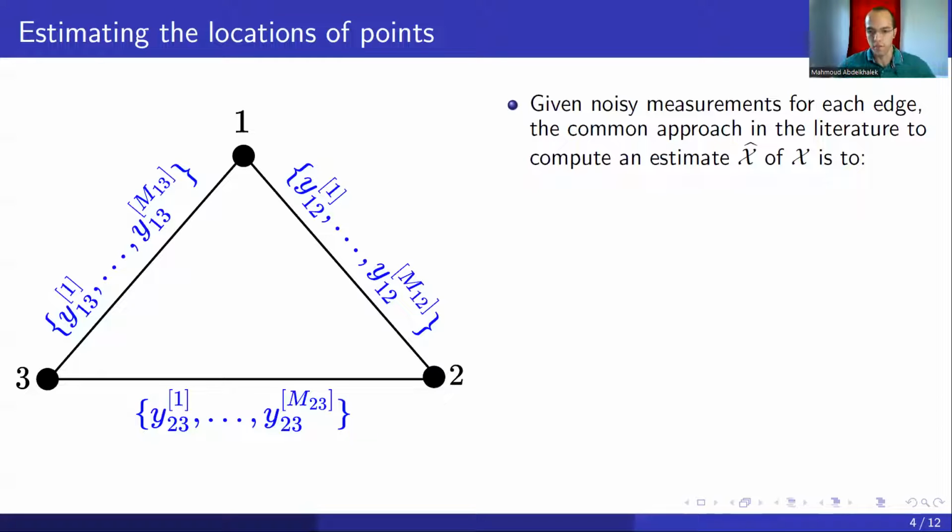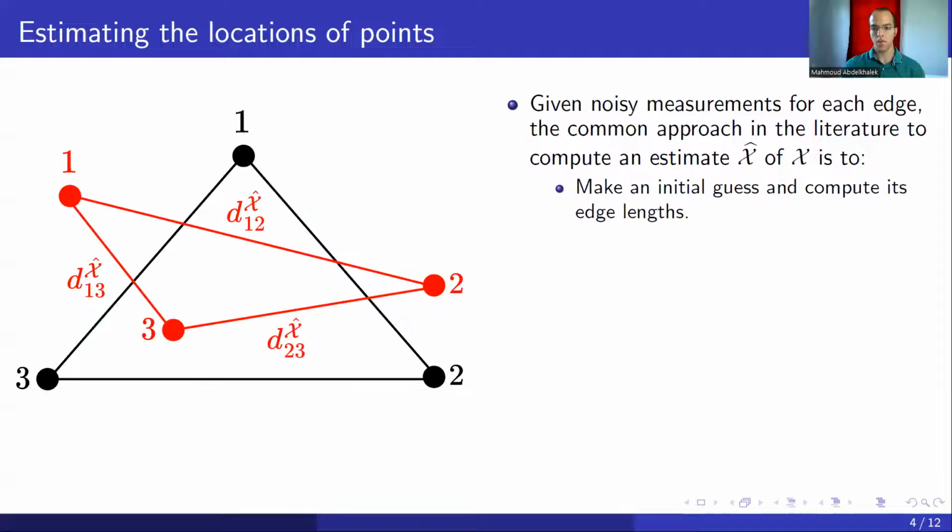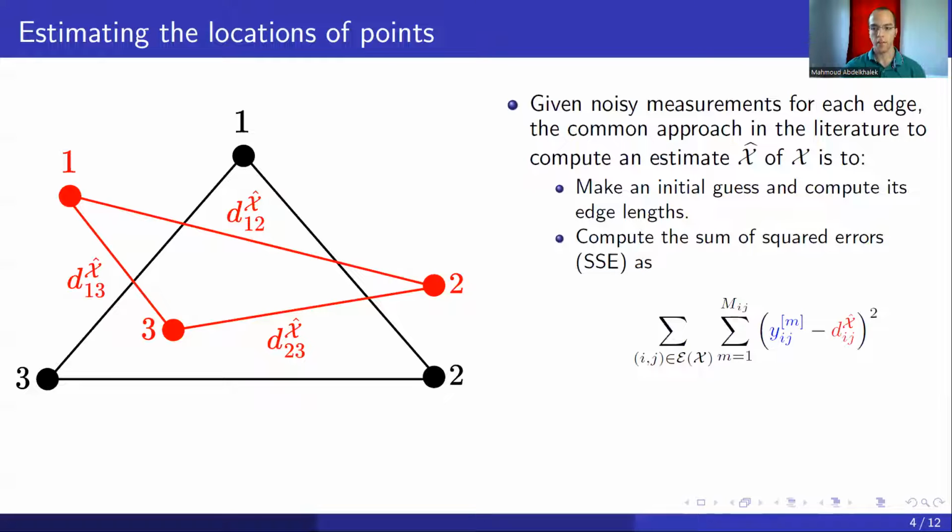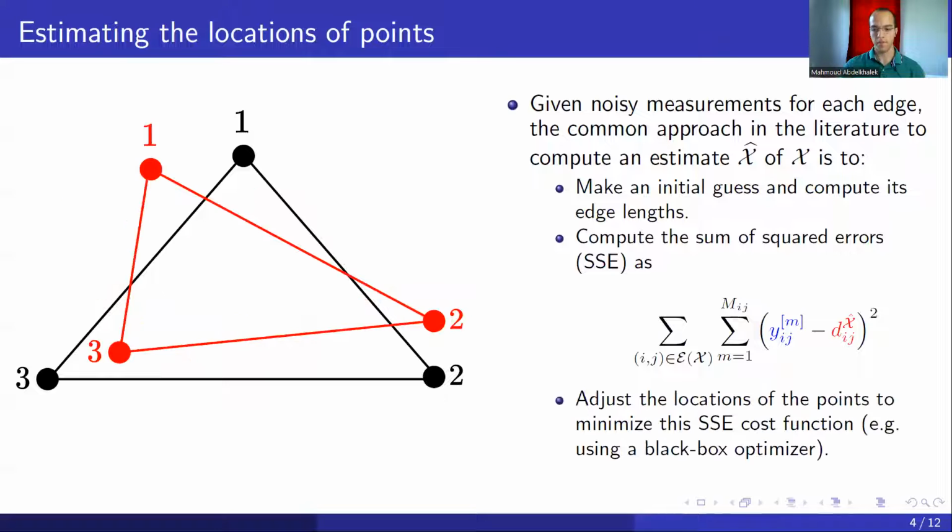I'll go through the process of how a structure is actually estimated in the literature. I'll denote an estimate to be x hat and the ground truth structure to be x. The common approach is, given the noisy measurements shown in blue for each edge, we first make an initial guess and compute the edge lengths, shown in red on the left. We then compute the sum of squared errors, or SSE for short, between the measurements and the edge lengths that we just computed.